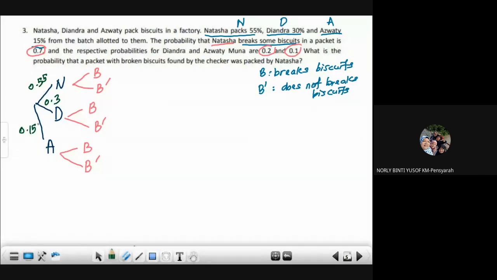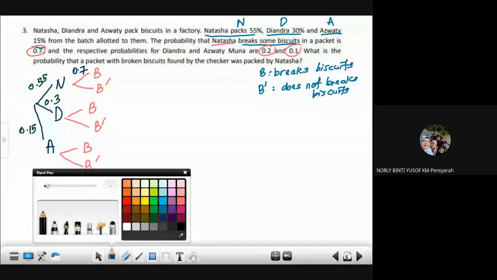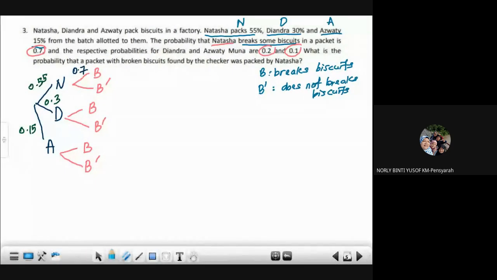Bila you total N, D, A ni, Natasha, Diandra dan Azwati, you dapat percentage 100%, but total probability 1. Okay, then put the value for break biscuit from Natasha is 0.7. So baki dia adalah 0.3 because minus with 1. And then Diandra break biscuit 0.2. Okay, and then Azwati break biscuit 0.1.